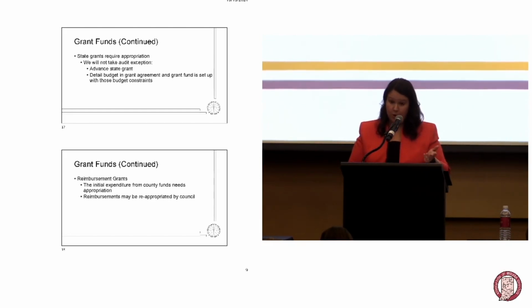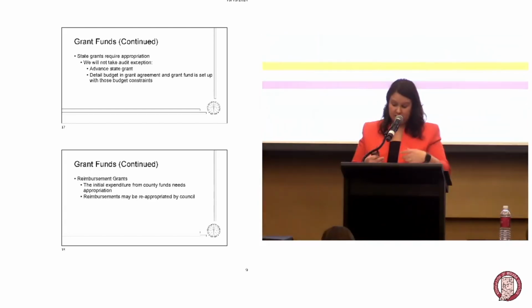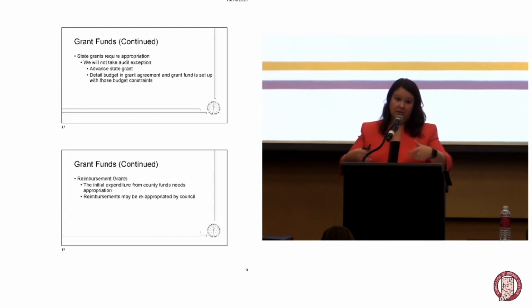So you would need that appropriation for the spending. Reimbursement may be reappropriated by council, so whenever we say that, it's not the initial expenses. Again, you're already appropriating that. The reimbursement is what you receive back that may need to be reappropriated to spend, okay? So again, you're getting the money, then you need to appropriate it so you can spend that money.